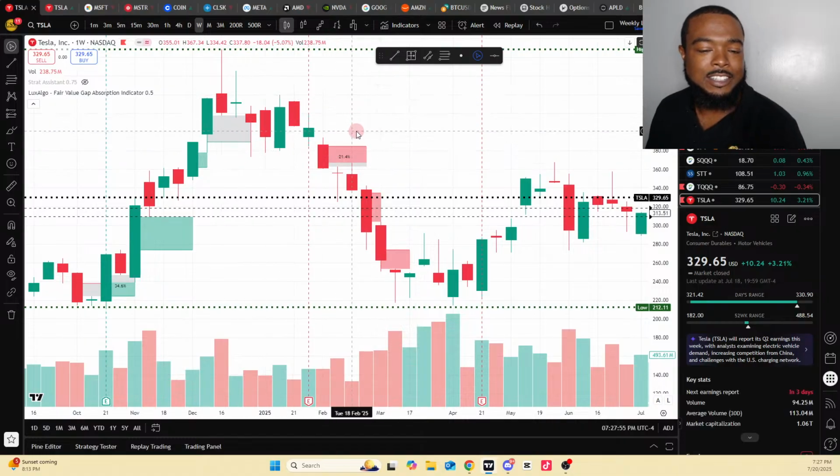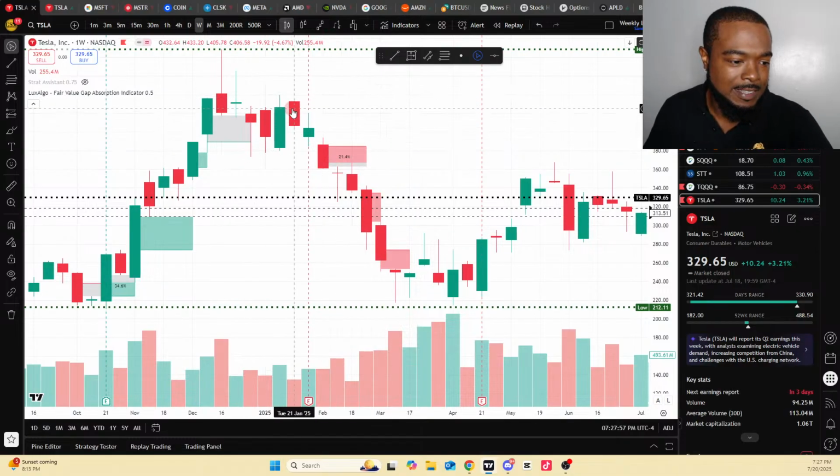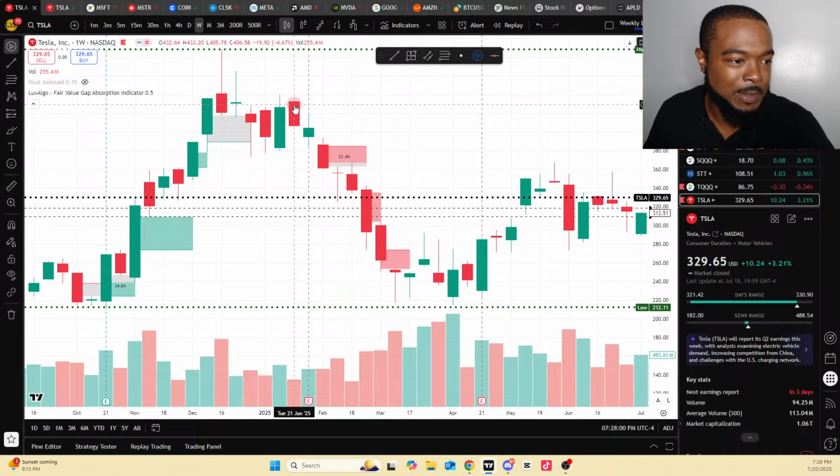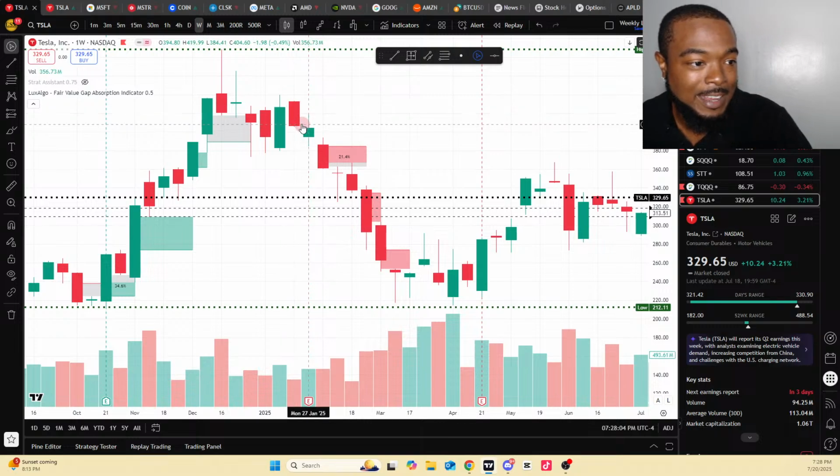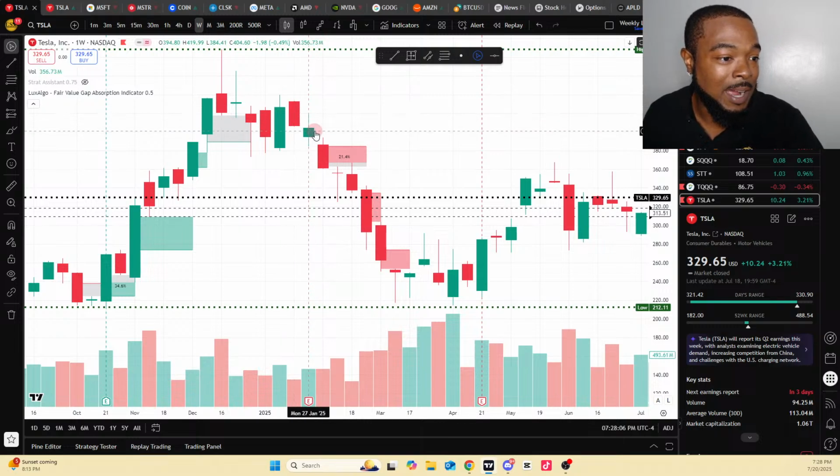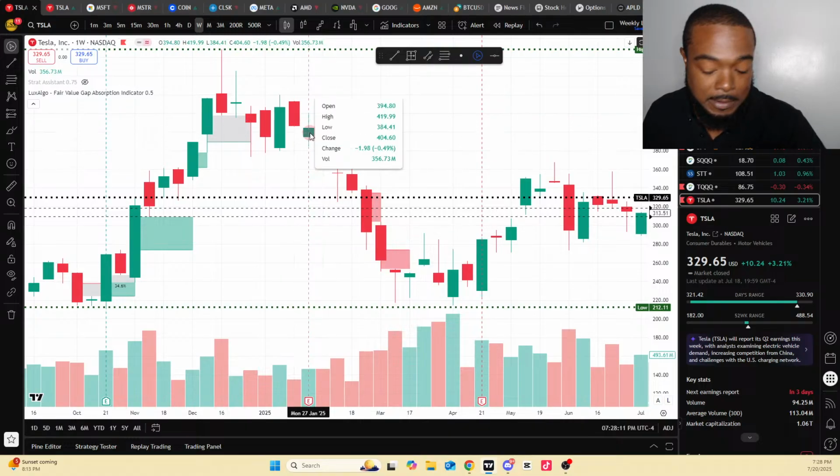So we're looking at the Tesla chart right now. Tesla off on January 21st. 27th. Why would I say that? Because you have a lower high and a lower low coming on this following candlestick right here.